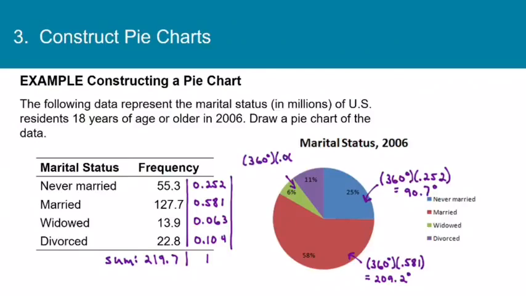And then for the widowed category, 360 times 0.063 is giving us 22.7 degrees. And for the divorced category, 360 times 0.104 is going to give us 37.4 degrees. And if you add all of the degrees up, we should be very close to 360, if not exactly 360.